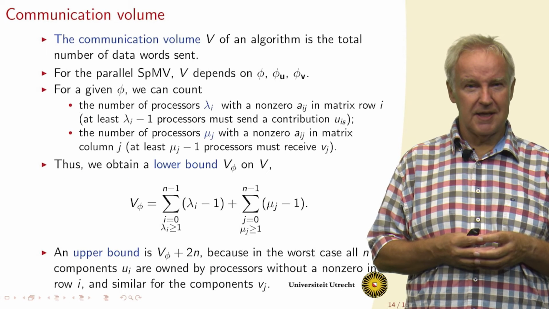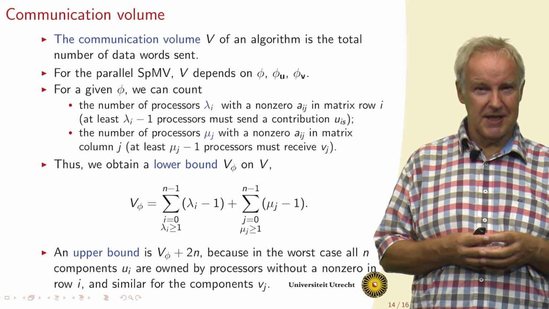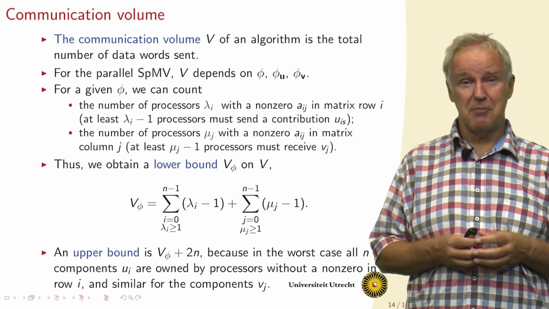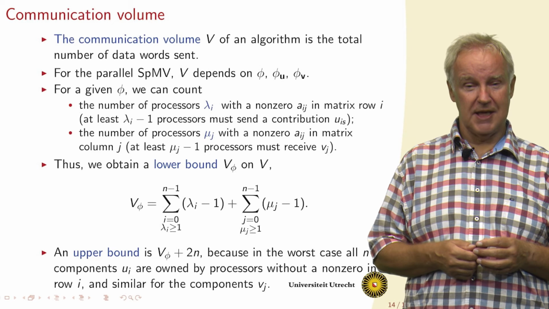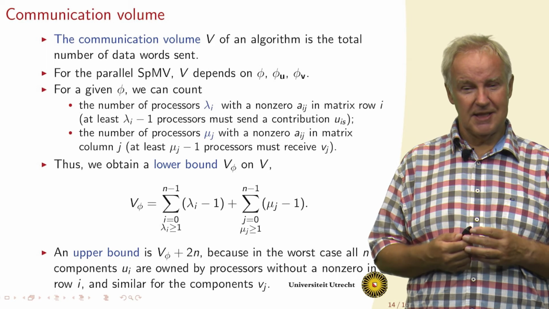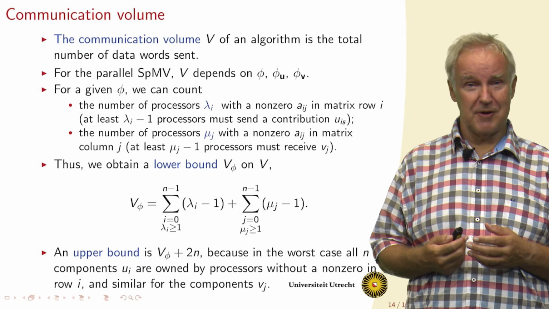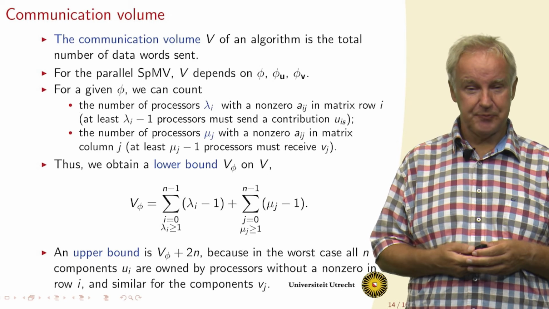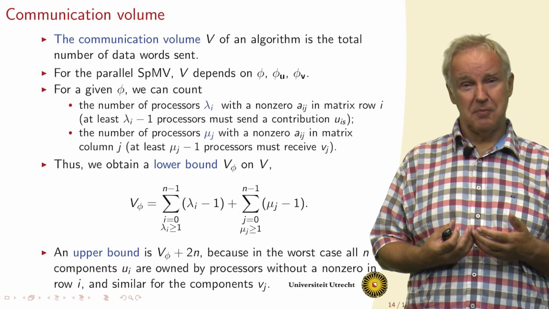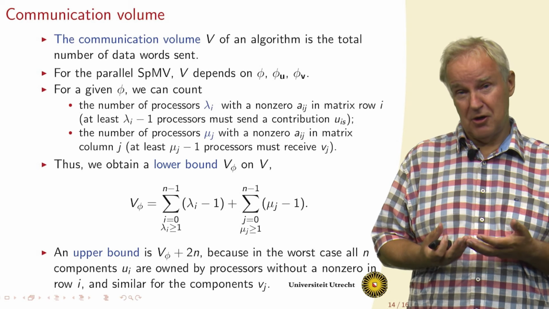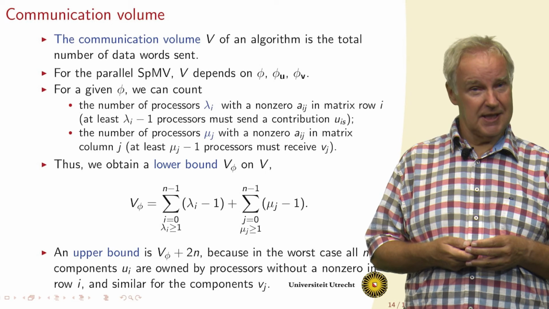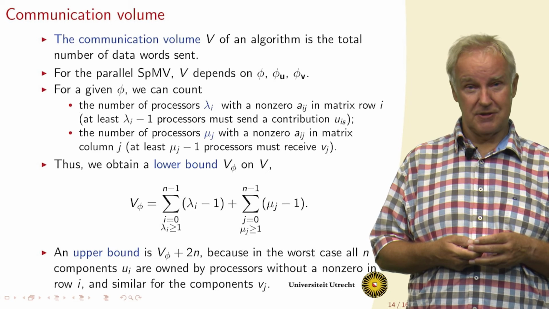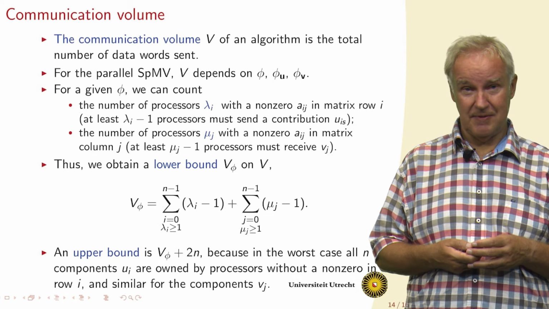So we define the communication volume V of an algorithm as the total number of data words that are being communicated. And in this case, V depends on phi, so we write it as V with a subscript phi. And we can estimate, or lower bound it, by counting in every row I of the matrix the number of processors, lambda I, that are present there.